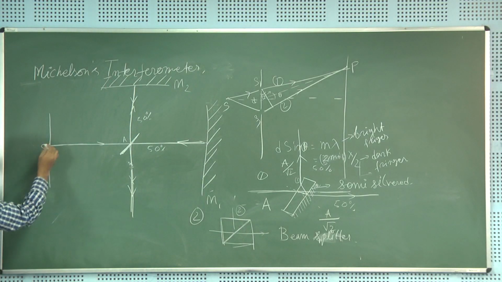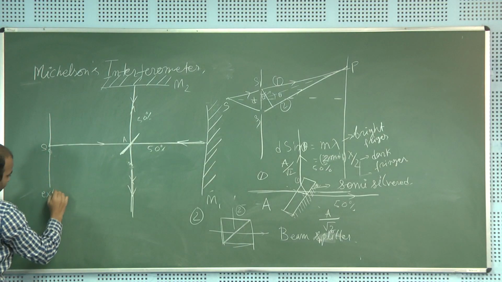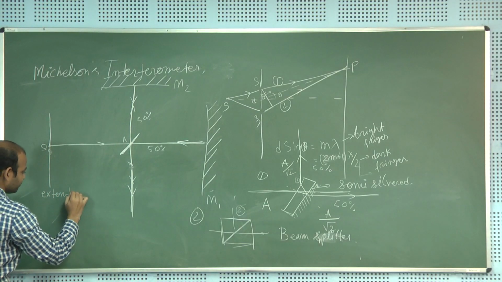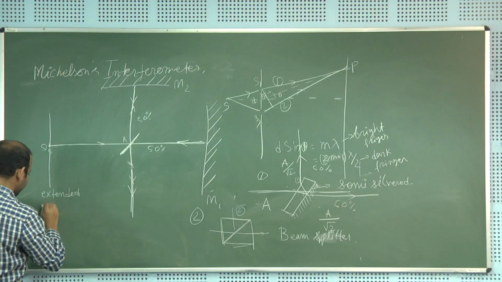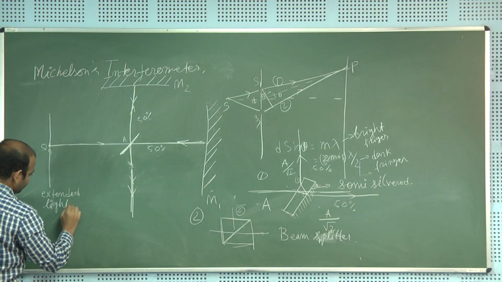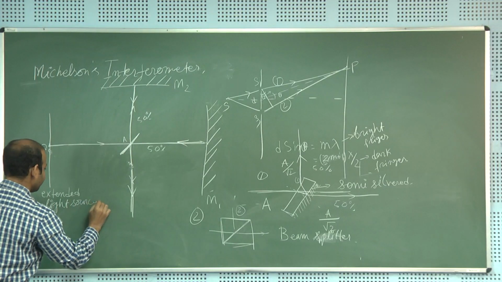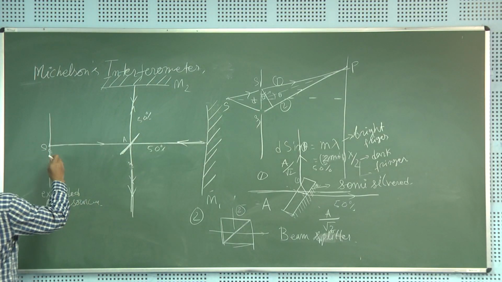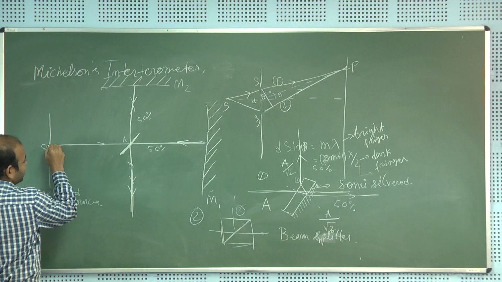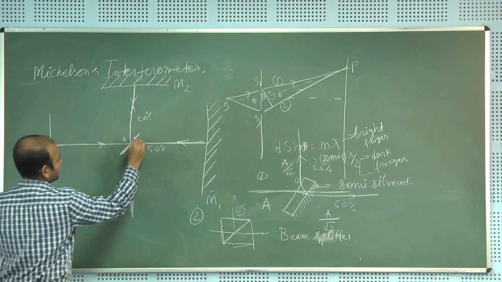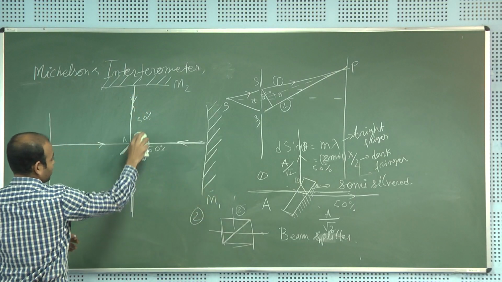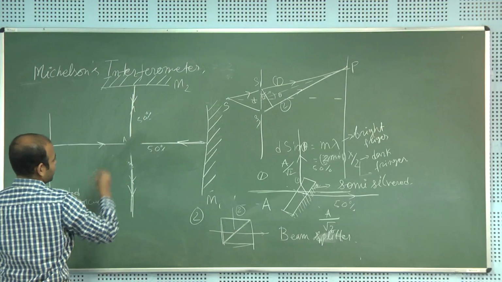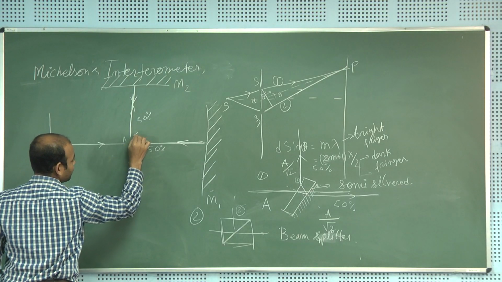So, although we considered a point from the extended object, this can actually be an extended light source. And from this extended light source I can get a light ray here which is getting reflected, and since I talked about the beam splitter, let me draw it a little more properly.